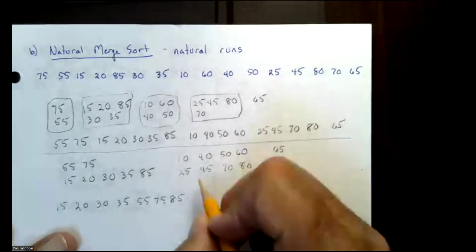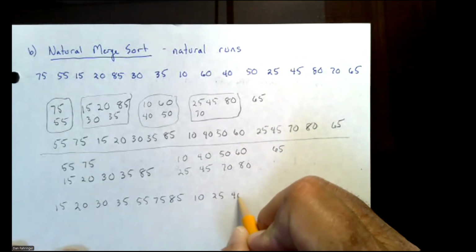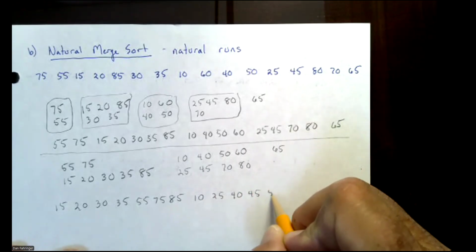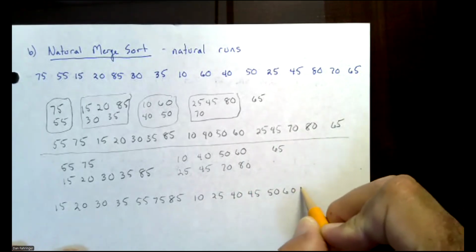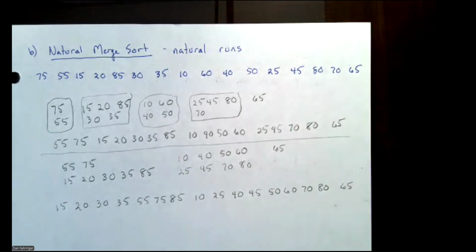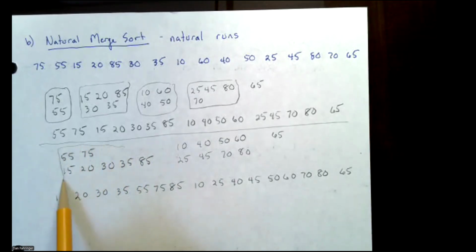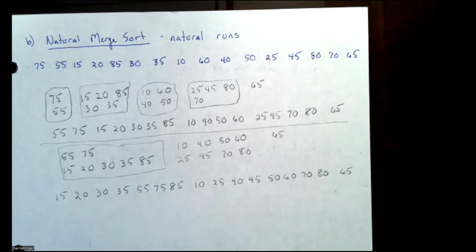So now I can move on. 10, 25, 40, 45, 50, 60, 70, 80, 65. Getting there. We're getting there. Instead of groups of one, groups of two, groups of four, now we have a variety of different groups that are being matched up.